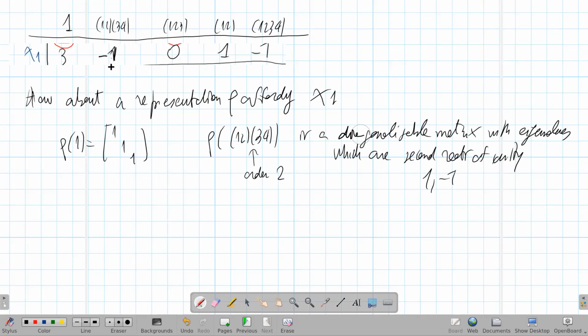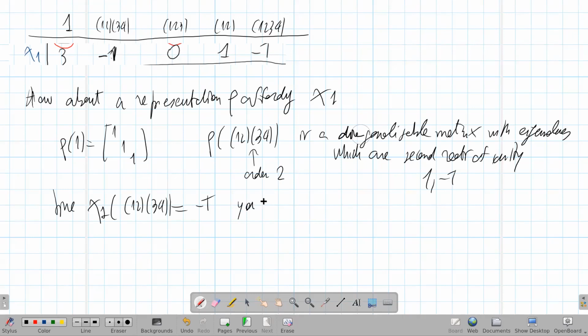We know that the character is minus 1, okay? Since the value of the character is minus 1, you will need to have two minus 1s and a 1, because otherwise, if you take two 1s or something else, you don't get minus 1.